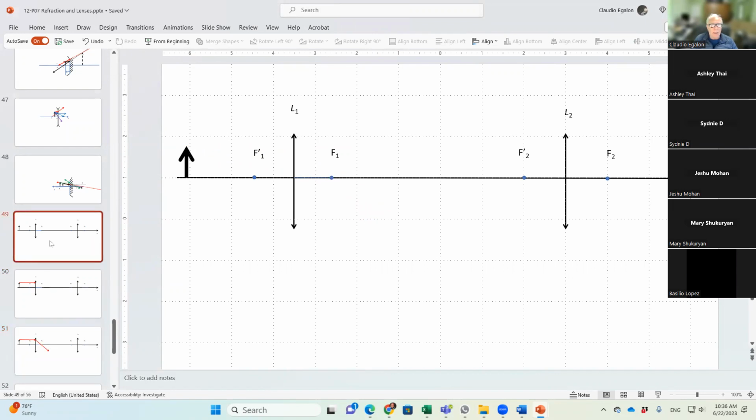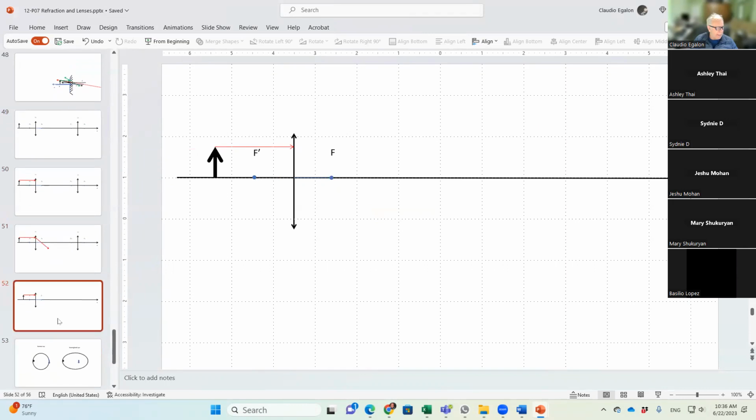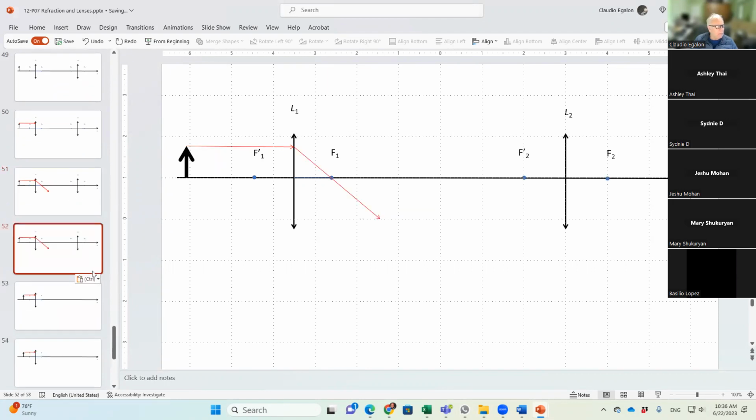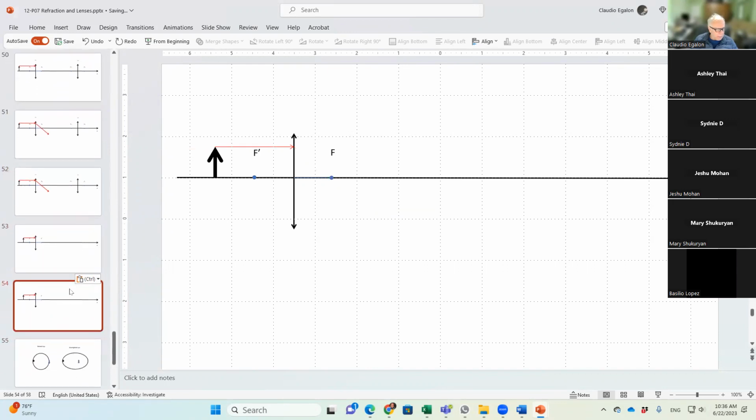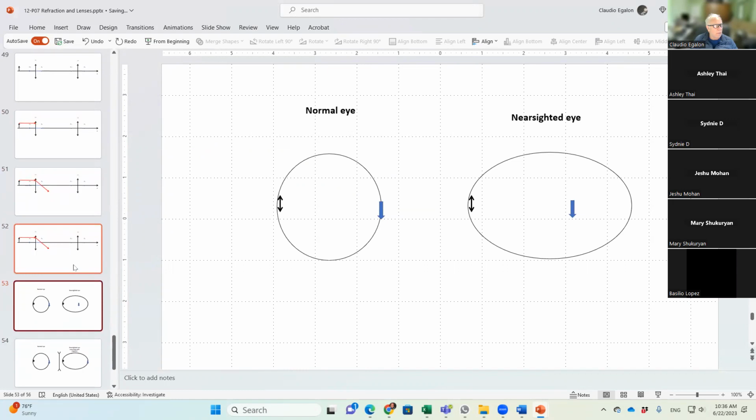Object, lens 1, lens 2, light ray parallel to the principal axis, right? And converge towards this one that I want to copy. This one I want to copy. I don't need this one. Good.